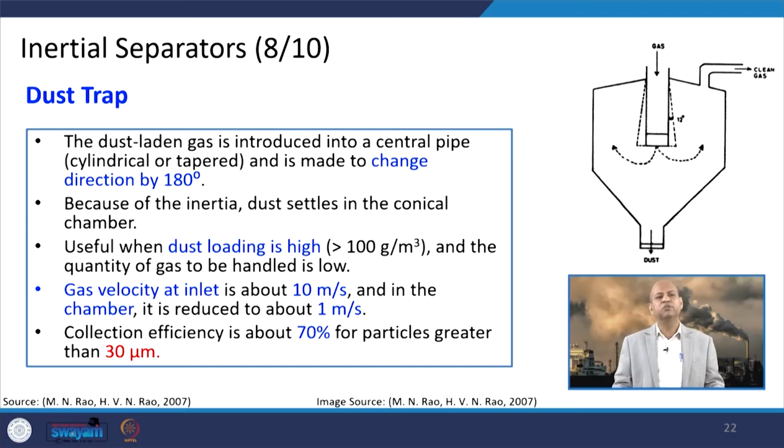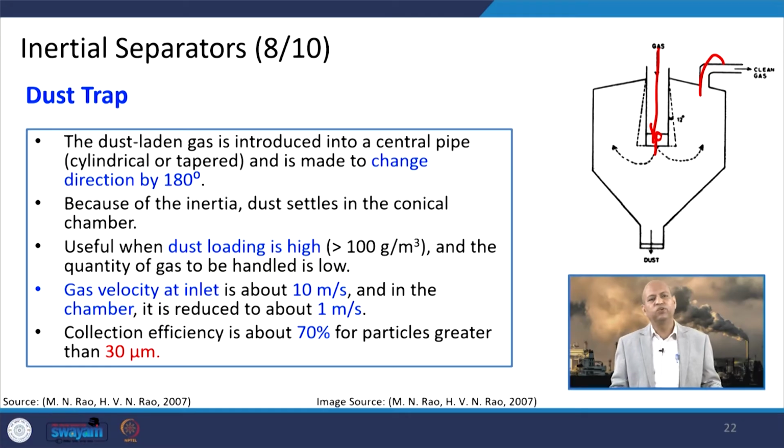Then if we talk about the dust trap, in this figure you can see the gas comes down, and then it changes direction because the outlet is above. So, it will go 180 degrees. In this change of direction, it again has the tendency of striking the walls, losing the velocity and getting down.